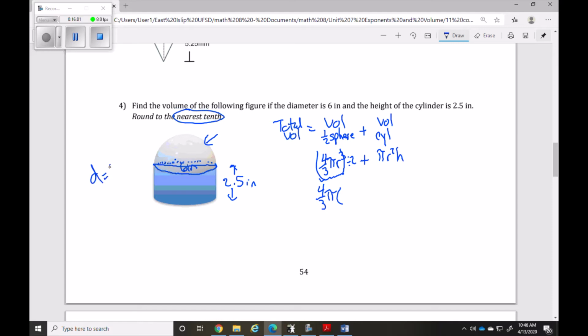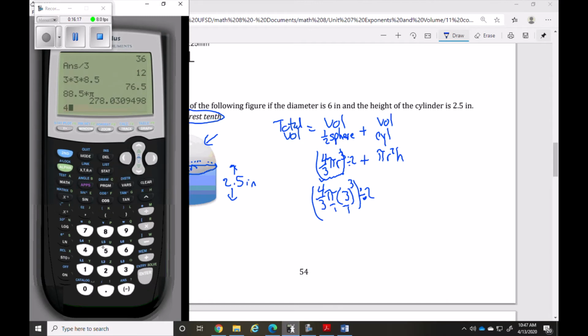If the diameter is 6, then the radius is 3. Radius is always half of the diameter. Whatever this answer is, remember I have to divide by 2 because it's only half of a sphere. So 4 times 3 times 3 times 3, that's my numerator.